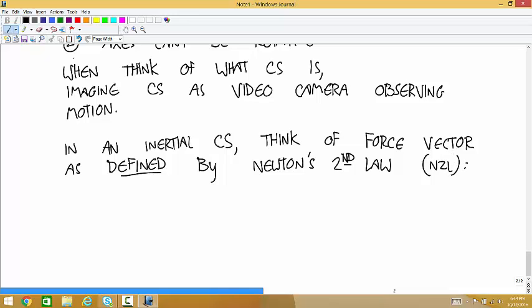Newton's second law says F net, I'll talk about what all these mean. So the F net vector is equal to mass times the acceleration vector. So you've probably heard this F equals ma mentioned somewhere or other.